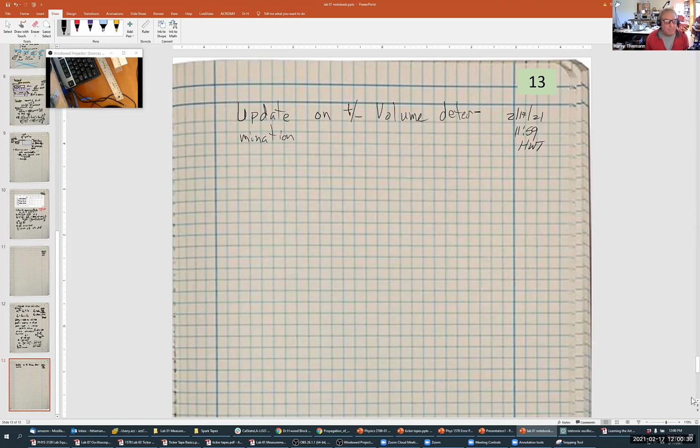Okay, so we have L plus minus ΔL, W plus minus ΔW, and H plus minus ΔH. And we've already seen this: L times W times H. Once again, if you were to do it, you could figure it out and you'll see a huge swing.